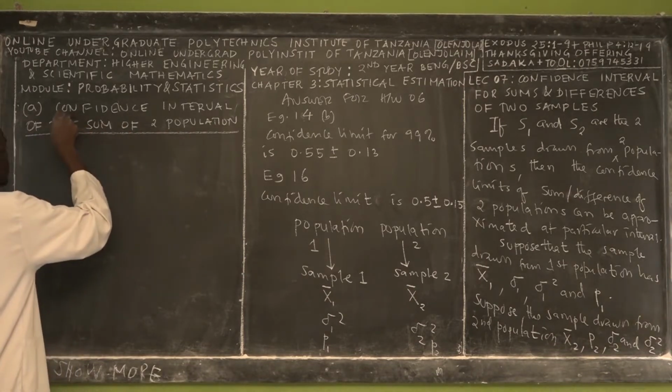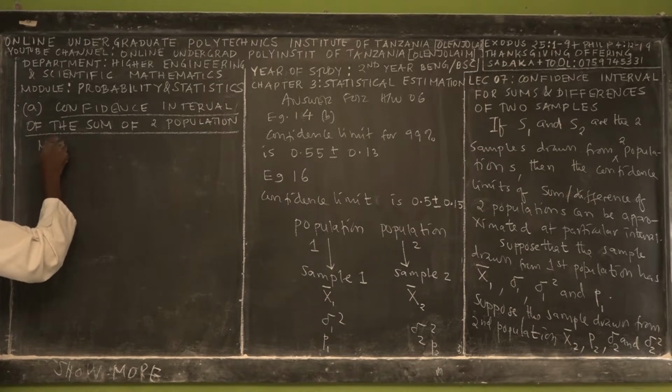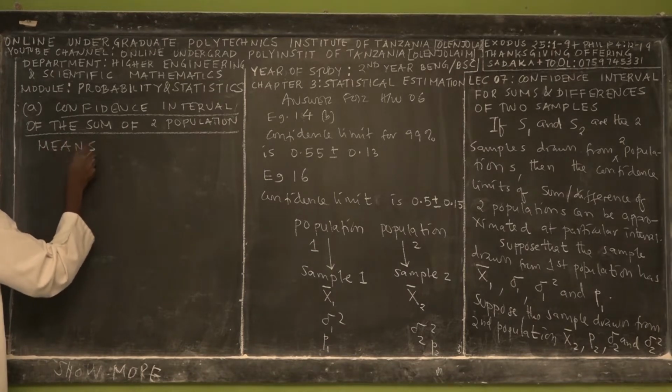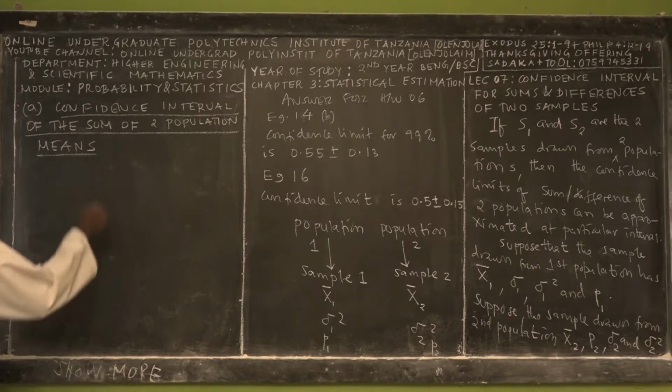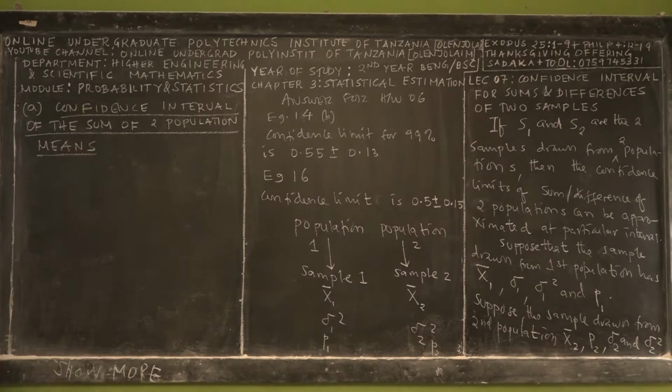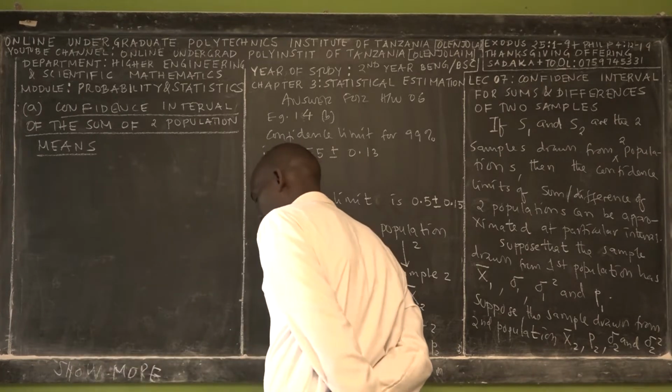Of two population means. Confidence interval of the sum of two population means.